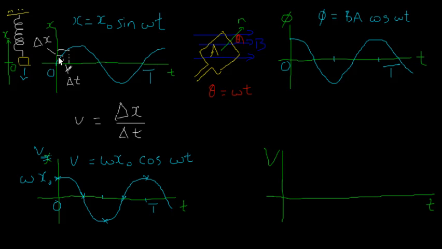Let's think about the relation between flux and voltage. Did I say velocity will be induced? I mean the voltage will be induced. The voltage is related to the flux by the change in flux divided by the time taken. This is according to Faraday's law of electromagnetic induction.